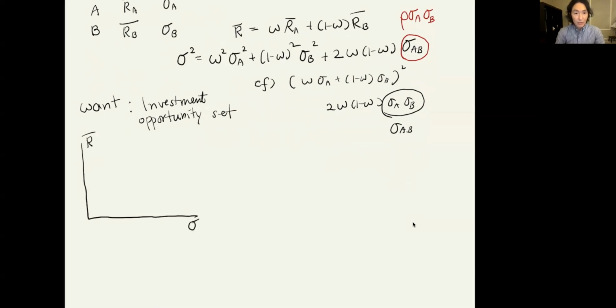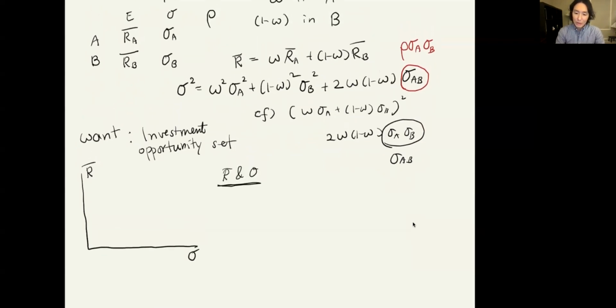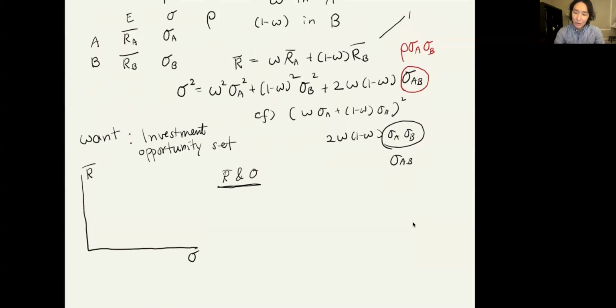Okay, so that is the investment opportunity set, and we have to calculate it. In other words, we want a relationship between expected return and the sigma. We want the relationship between the two. What are the two equations that we have? We have this equation and also this equation, right?